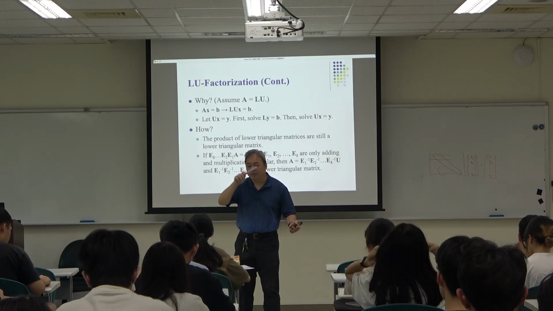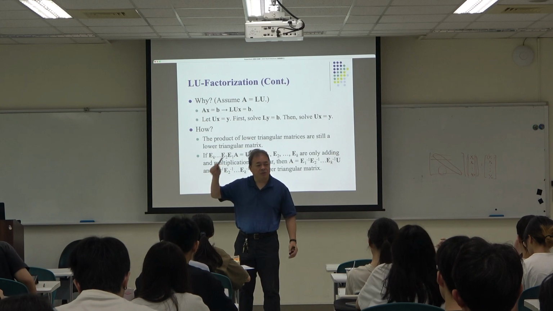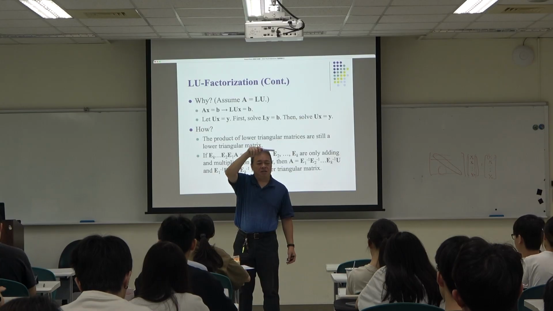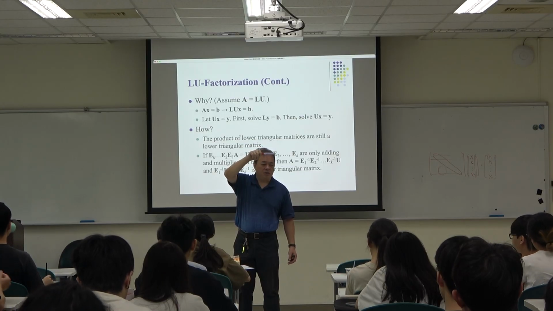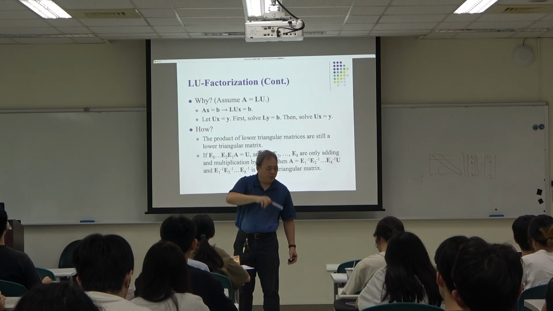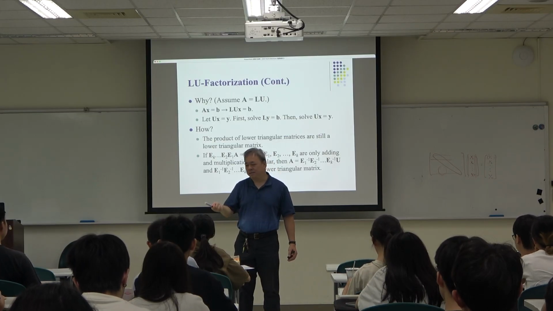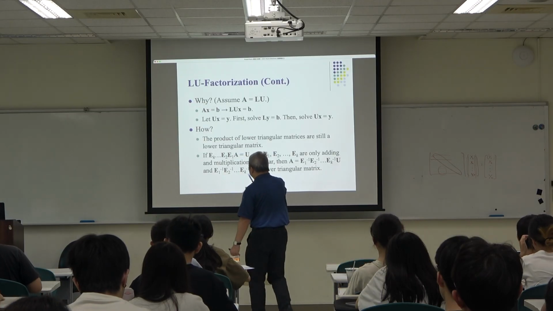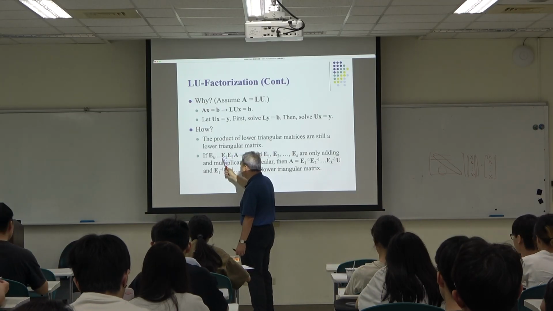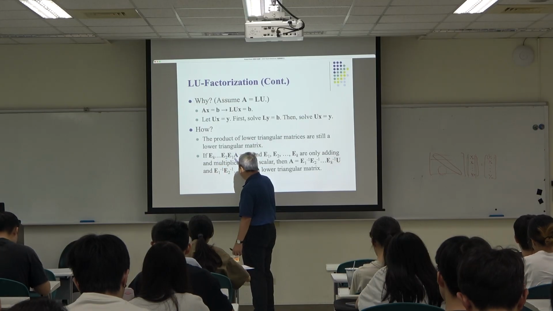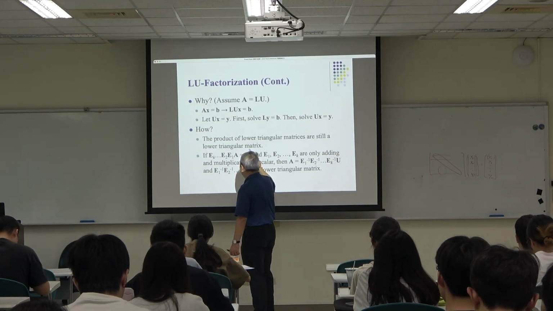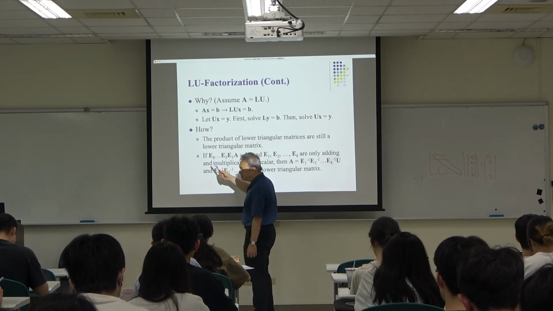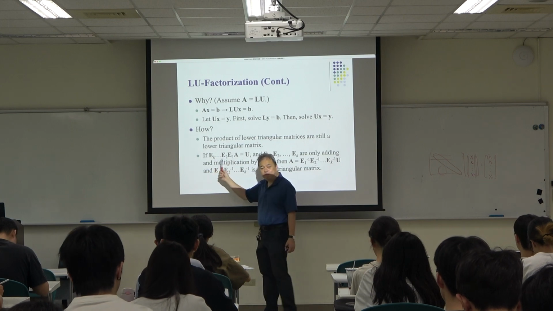Remember, the leading element has to be non-zero, and all elements below that will be 0. So you take action 1, action 2, and so on, action K, to make A upper triangular. Then you can write it like this.